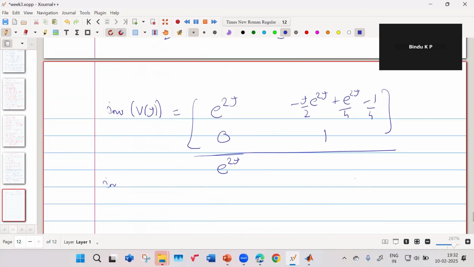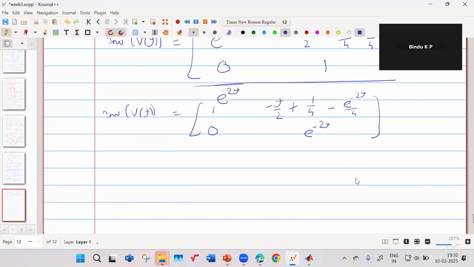So the inverse of v of t is 1 0, minus t by 2 plus 1 by 4 minus e to power minus 2t upon 4, and e to power minus 2t.